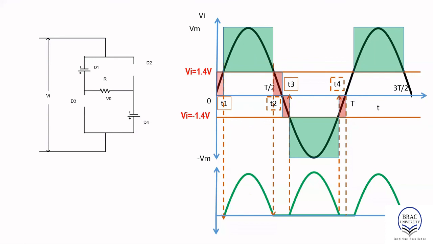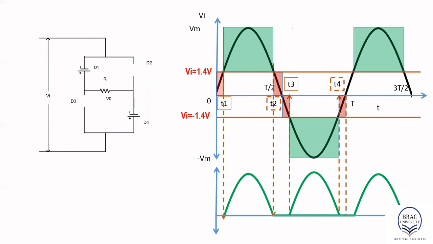So in that case, the output is this one. For the negative half cycle, a transition state occurs at Vi equal to minus 1.4. Below the transition state, the diode is on; the green region indicates the diode is on. And above the transition state, the red region indicates the diode is off.